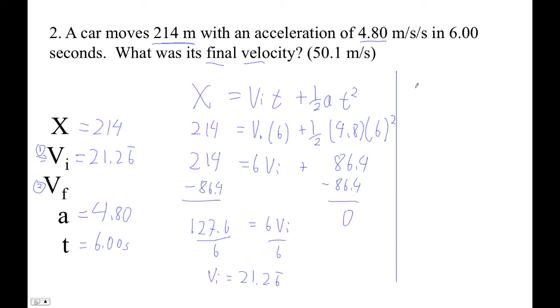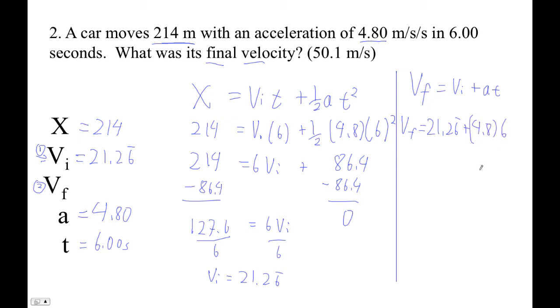So now to find the final velocity, I'm going to choose this guy. VF is VI plus AT. Because that one's solved for VI, it seems like the logical choice. Any of them would work, but that's the easiest one, right? So VF is equal to 21.26 bar plus 4.8 times 6.